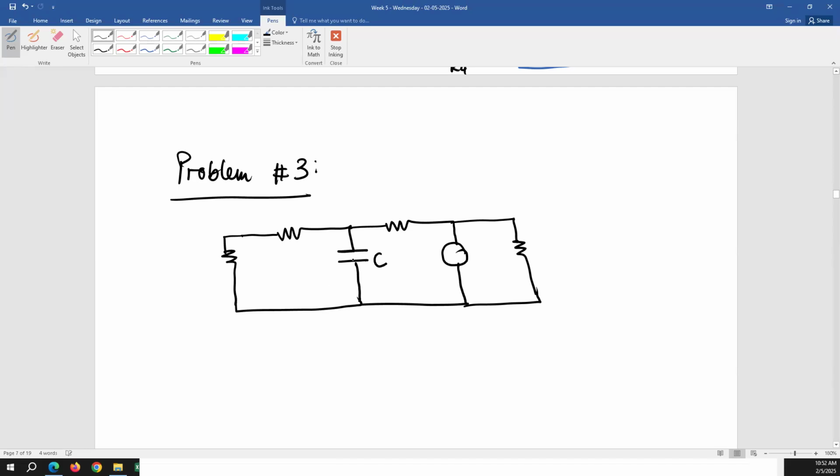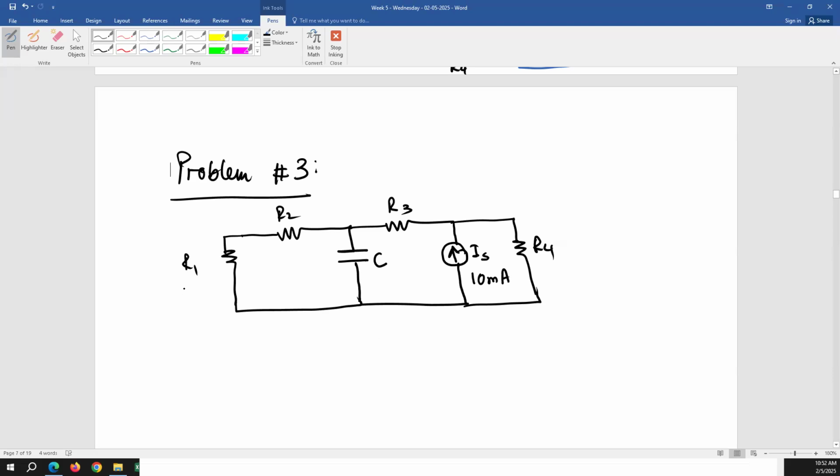This is a capacitor. Let's say R1, R2, R3, R4. Let's assume this is a current source, IS, which is going to be 10 milliampere.